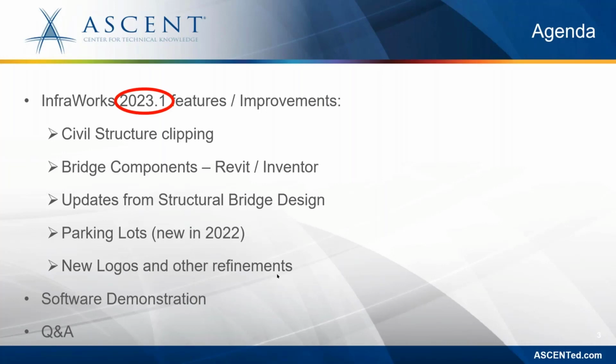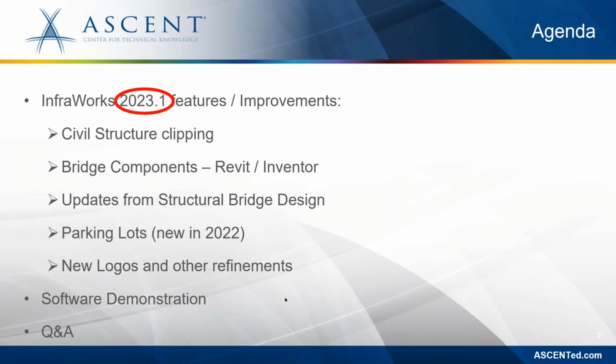I must point out that this is for InfraWorks 2023.1. The release cycle for Autodesk, especially for InfraWorks, is that the dot release that usually comes out later in the fall has quite a few new features. And this is one reason why the parking lots went kind of unnoticed, because they got released in the fall and flew under the radar.